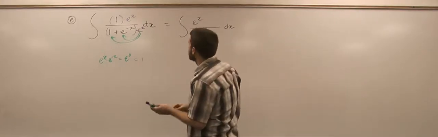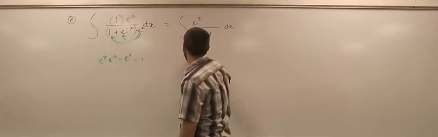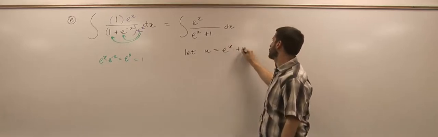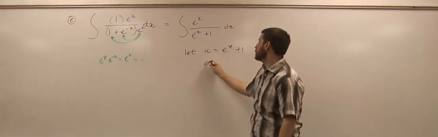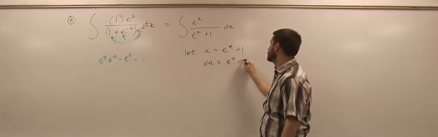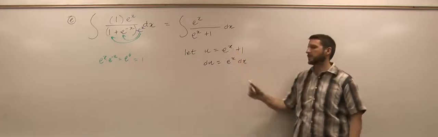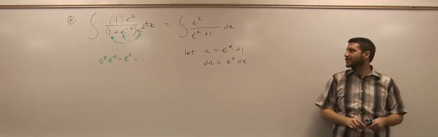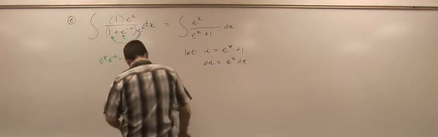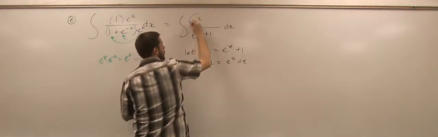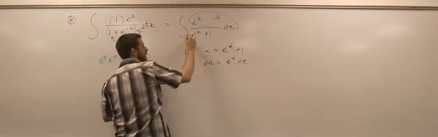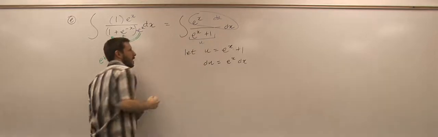Now I can let u equal e to the x plus 1, and du will equal e to the x. Right, the derivative of e to the x. So up here, I have du. And down here, I have u.